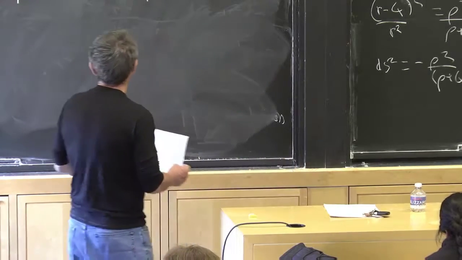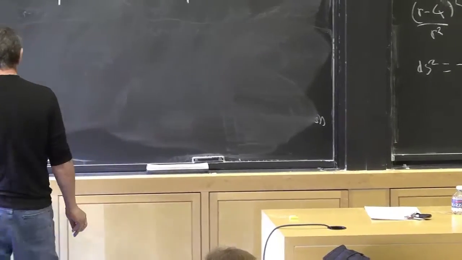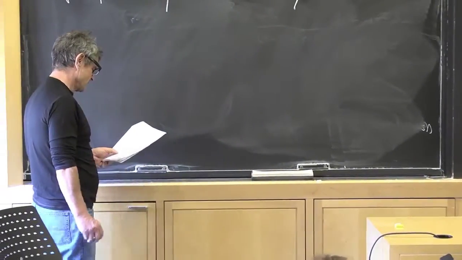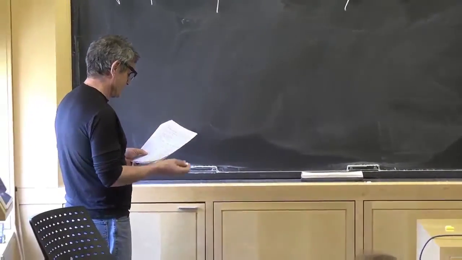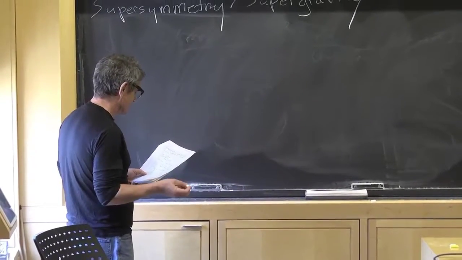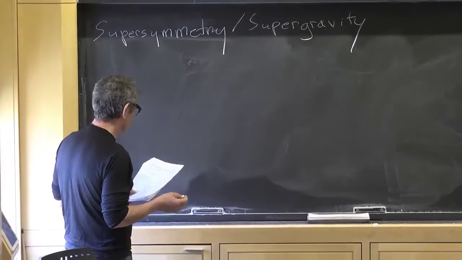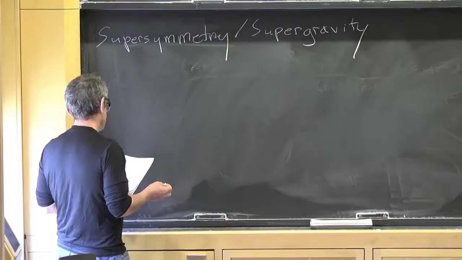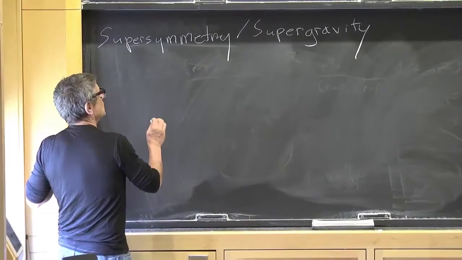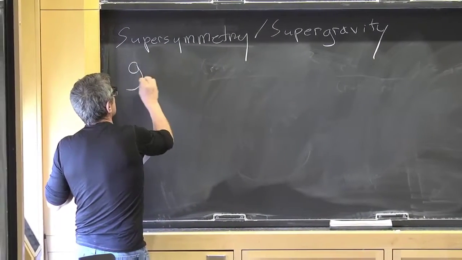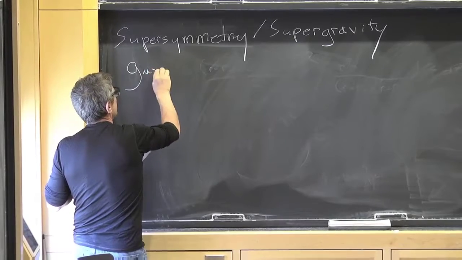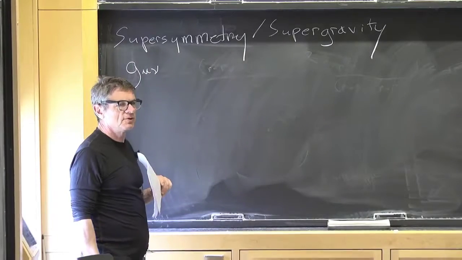Okay, so please feel free to ask questions if there's some more detail that you want. So we start out in general relativity. We have one dynamical field, g mu nu.